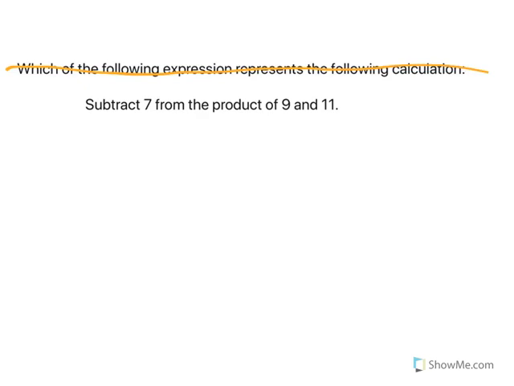So it says to subtract 7 from the product of 9 and 11. Sorry, I forgot to write my PEMDAS. So it says subtract 7 from the product of 9 and 11. When I see the word product, that means I need to multiply.